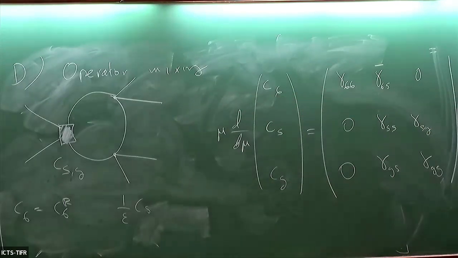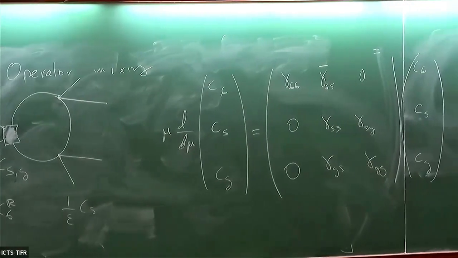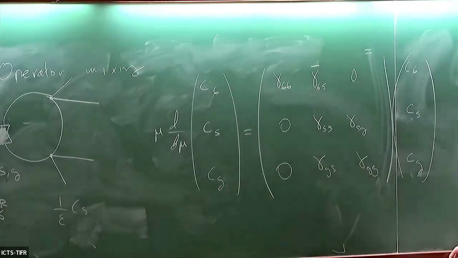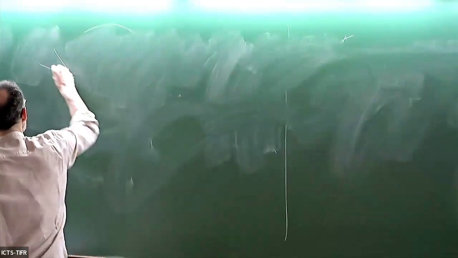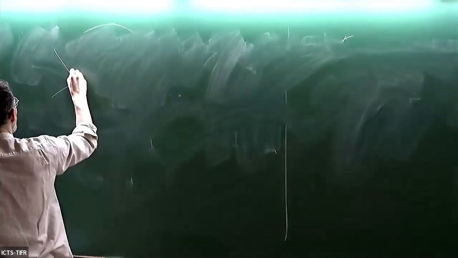The other type of diagrams that we have left have less legs. Let me just sketch why one of them we don't have to worry about at this order. There's also going to be this term.